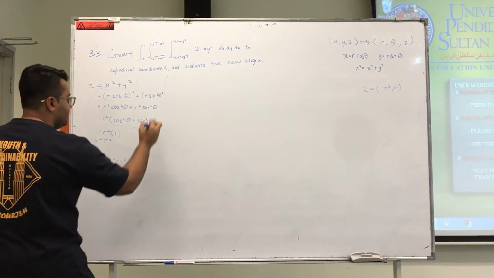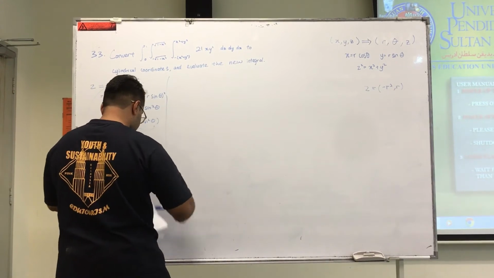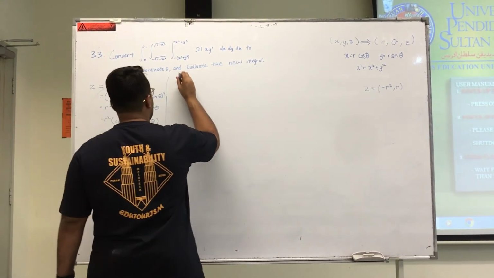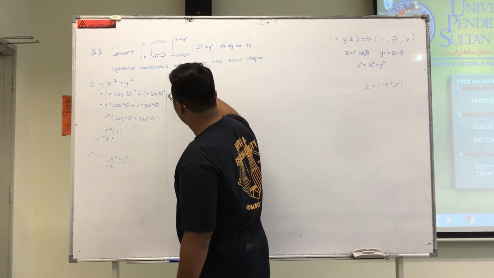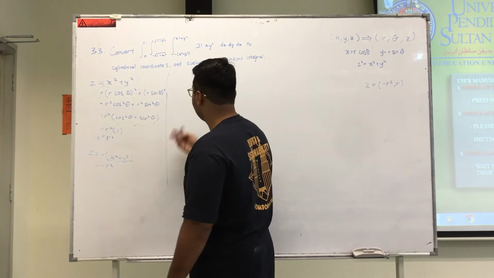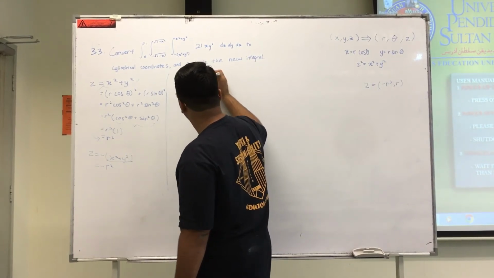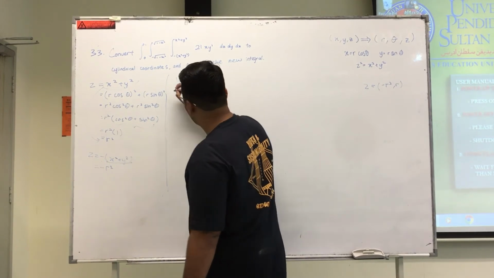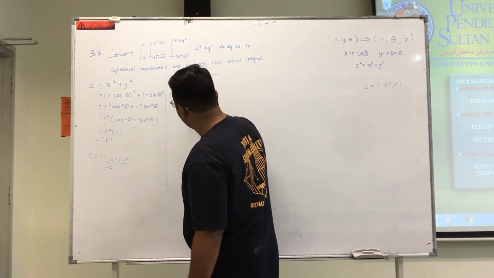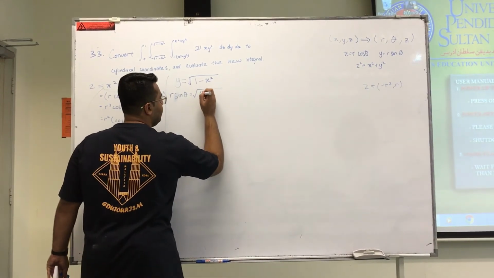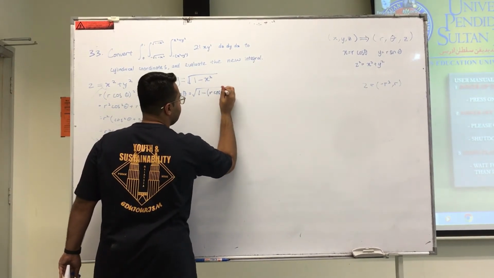Second, we are going to change y. y is r sin theta, equivalent to square root of 1 minus r cos theta squared.